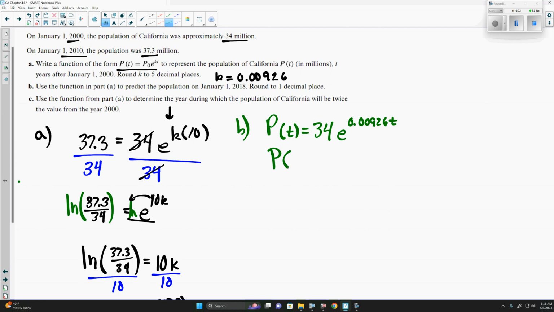Well, we're not going to plug 2018 in there. We're just going to plug in 18, because we're talking about years since 2000, and 2018 is 18 years since 2000. So our time t is 18. So we have 34e to the 0.00926 times 18.